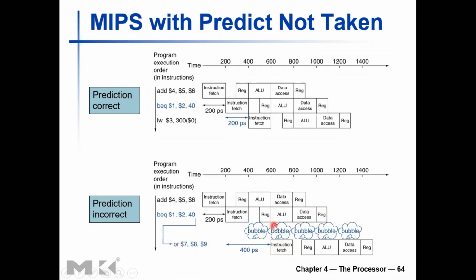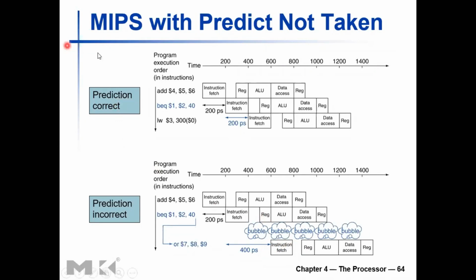Anything that had happened from there, that load instruction, cannot be let to go forward. So the control logic should clear the values or set the control signals into the ALU and other stages, the register file, data access, to make sure that you're not writing anything to the memory or the register file during those stages. By doing that, we can have that one stall and jump to the correct target in the next instruction.